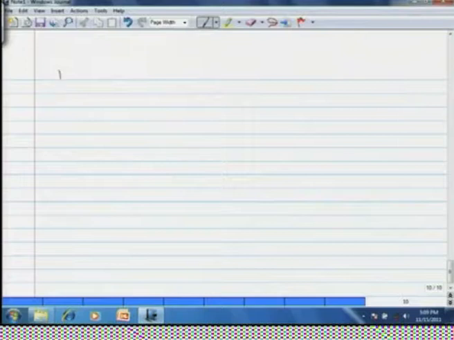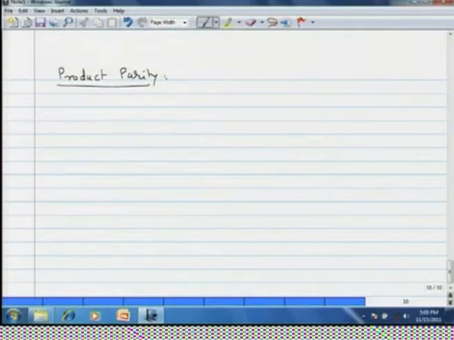The next factor is that of product purity. Now, product purity is also fixed by market forces.